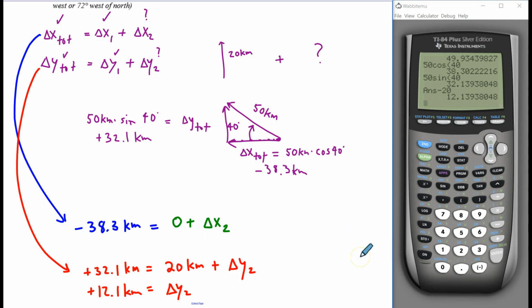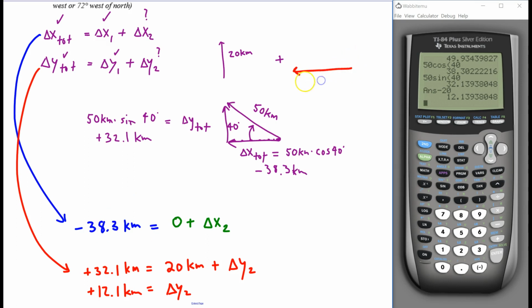So what have we learned? We have learned, let me take away that question mark, that this vector, whatever it looks like, is it like this? Does it look like this? Does it look like straight to the west? Well, let's answer that question right now. Whatever it looks like, it has a negative x component equal to 38. That's pretty long.